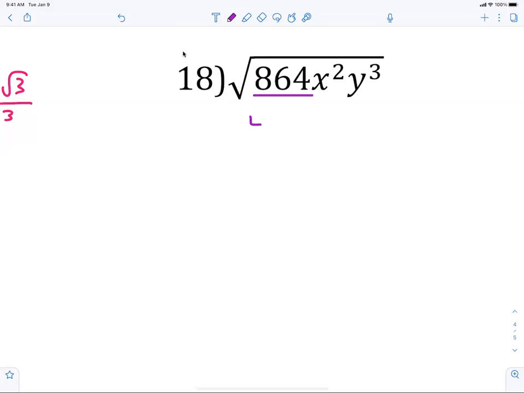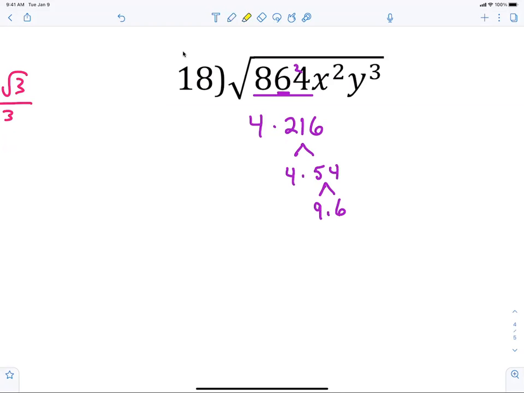So I want you to write down 4 times 4 goes into 8 twice, 4 goes into 6 once, and 4 goes into 24. There you have it. Now 4 goes into 216. 4 times 54. And then, of course, 54 is 9 times 6. All right.